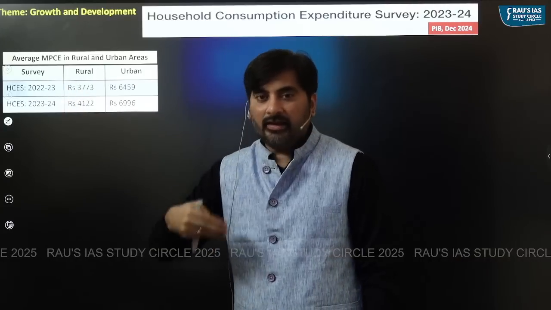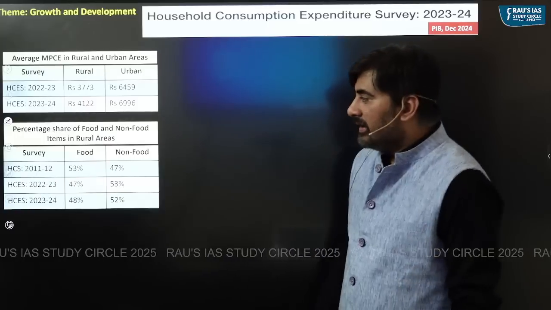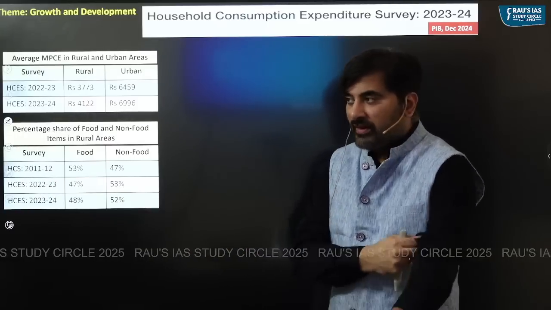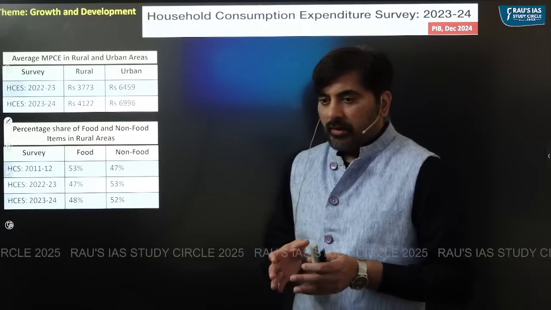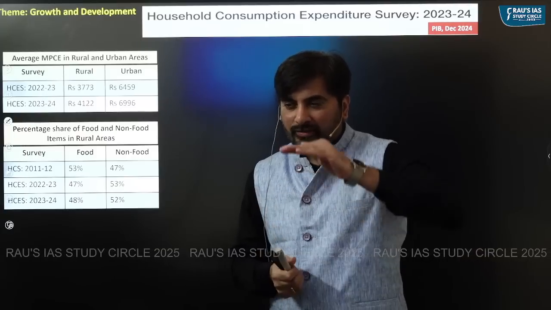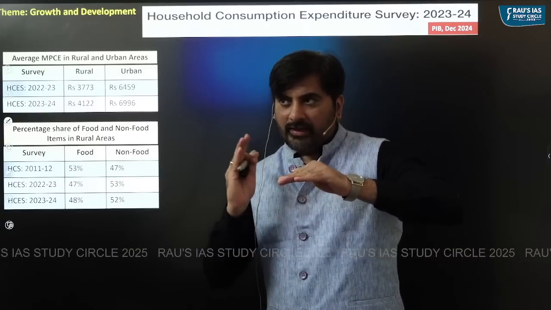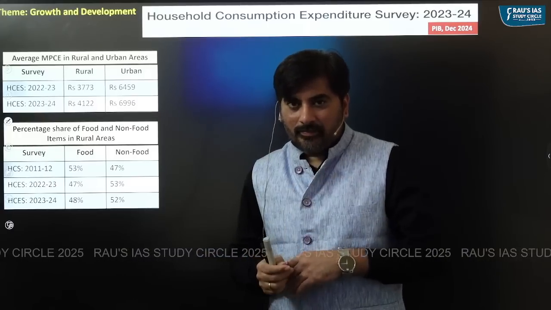This is the first thing that you should know, that the consumption expenditure has increased. Second change, which is quite significant, the percentage of money spent on food has got reduced and the percentage of money spent on non-food has increased.